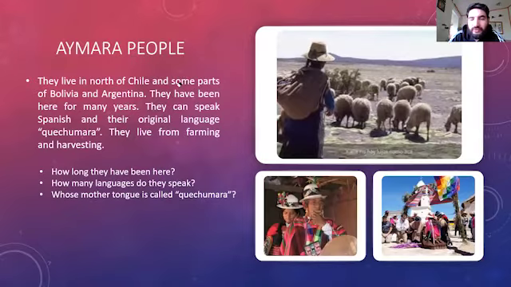Entonces, cada vez que nosotros queramos decir que algo es de alguien, por ejemplo, la casa de Pedro, vamos a decir Pedro's house. La casa de mi perro, my dog's house. Okay?